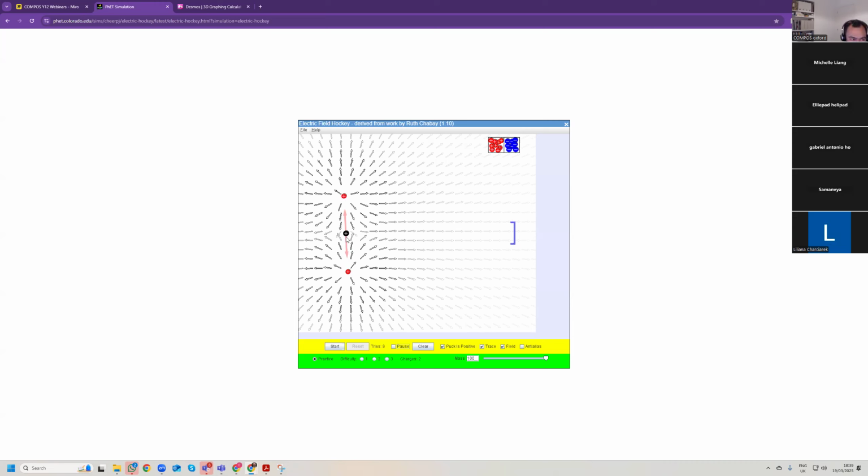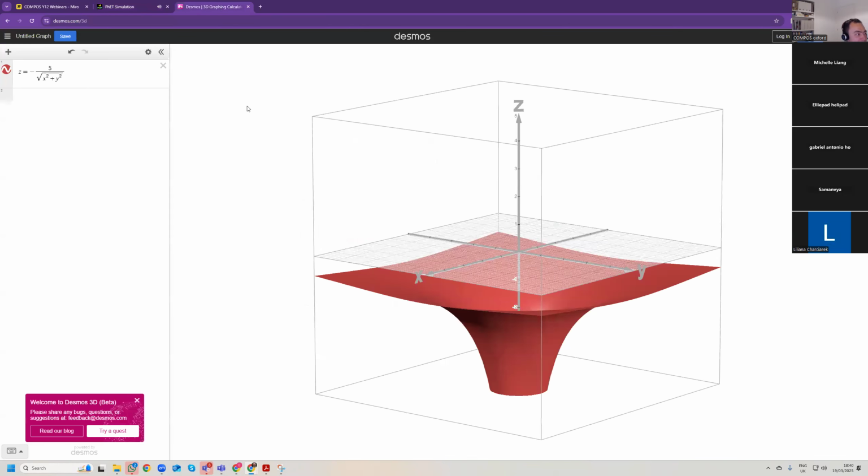Of course not. Let's see what happens to the charge when I release it. At first it struggles a little, doesn't know which way to go, and then suddenly it just starts flying. You could visualize it like this.